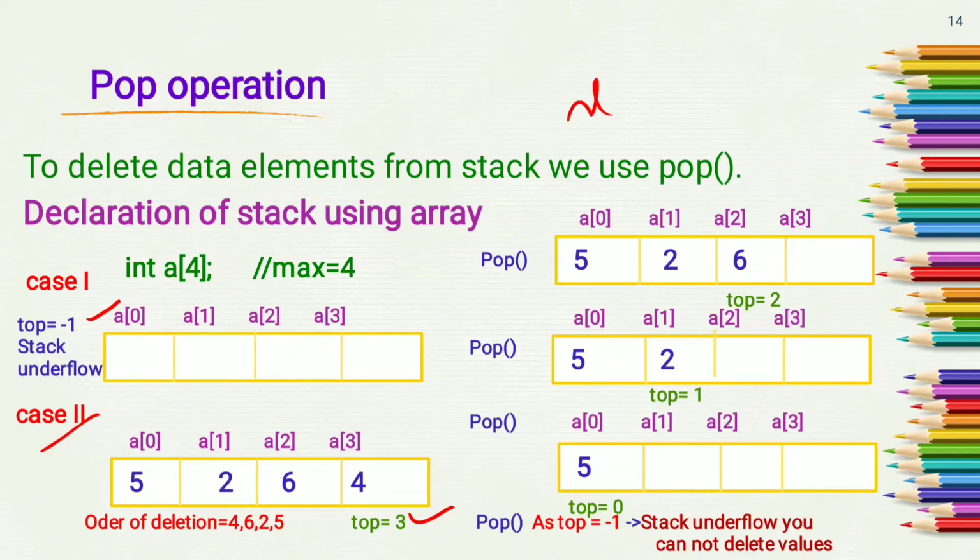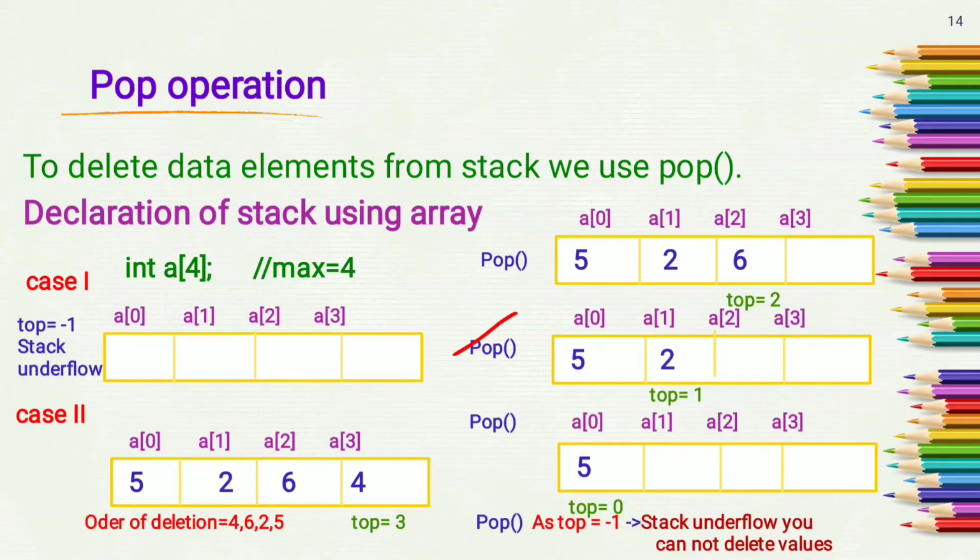That means we perform x = a[top]. So we will get the first value 4. Then we have to decrement the value of top by 1. Why are we decreasing the value of top by 1? After deletion or accessing of the last element, this 6 will become the last element of this stack. So we always store the index of the last element in top. So we have to decrement the value of top by 1.